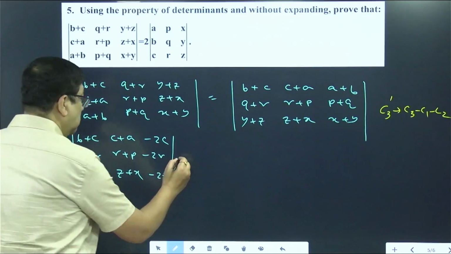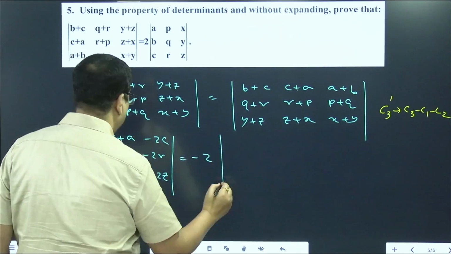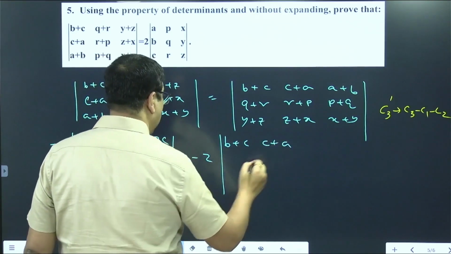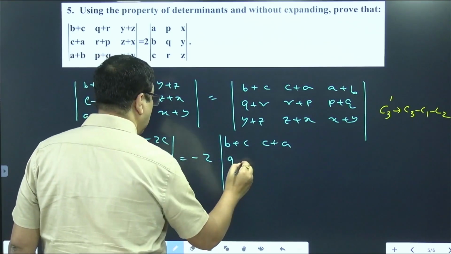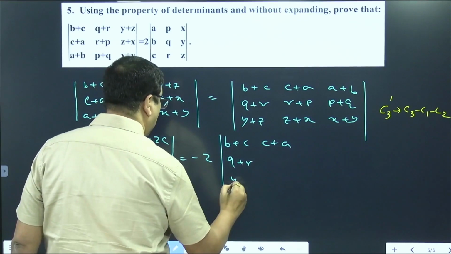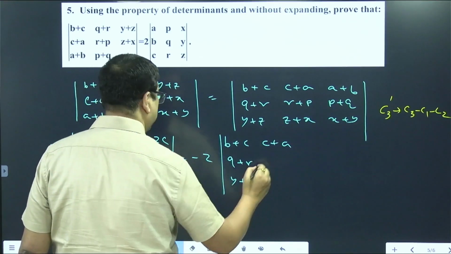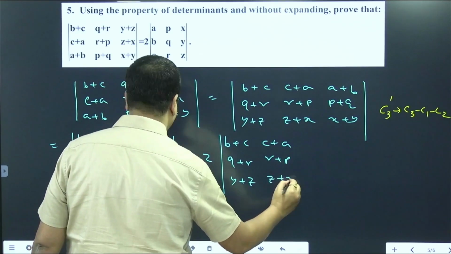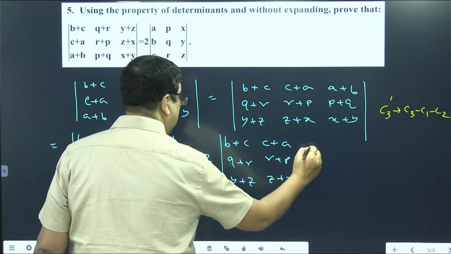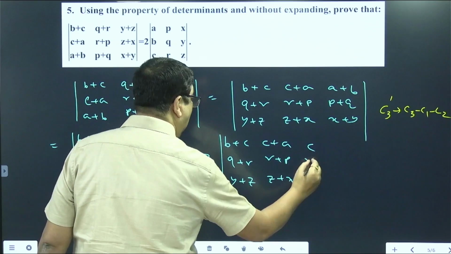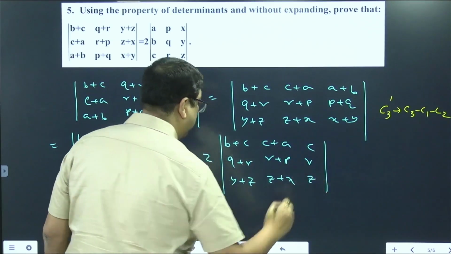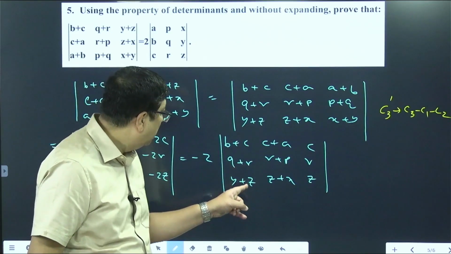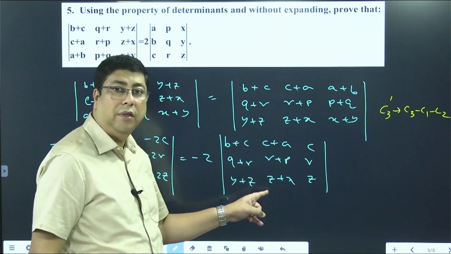So, if we take minus 2 common here, we are getting b plus c, c plus a, other two column I am writing first, q plus r, y plus z, r plus p, z plus x, and here it is coming c r z. Just notice one thing, this is c r z, this is c r z.